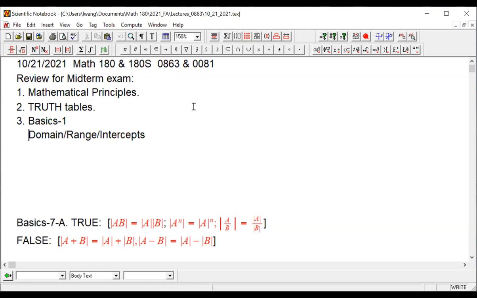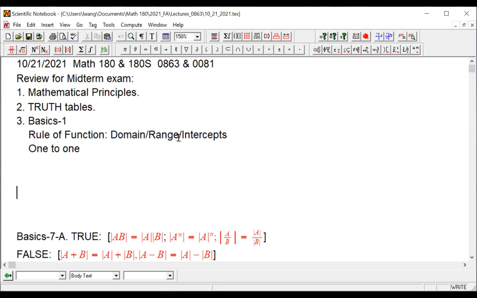So for each rule of function, and of course we have the increasing function, one-to-one function concept. Increasing, decreasing, right? Even, odd. These are really all the concepts you need to be aware of.